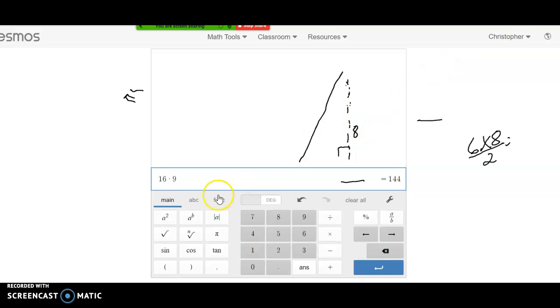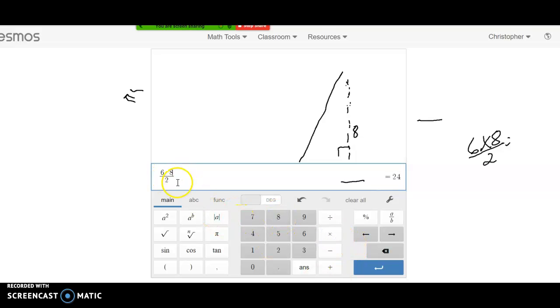So I go to my calculator. I'm going to clear this. I'm going to make a fraction. So I'll do my 6, and I'm going to divide by 2. But I'm going to go back to the top. I'm going to put in my times 8.